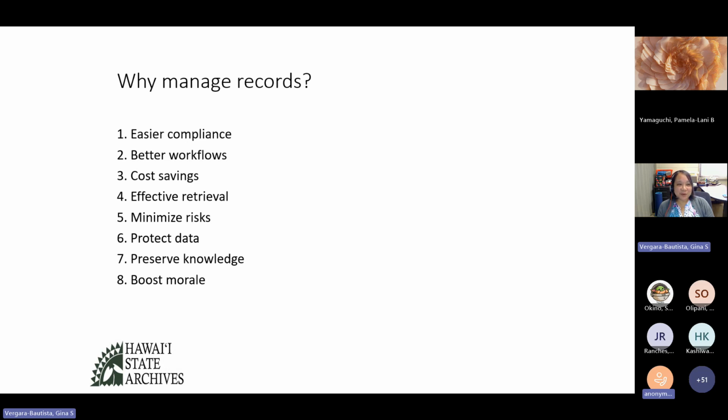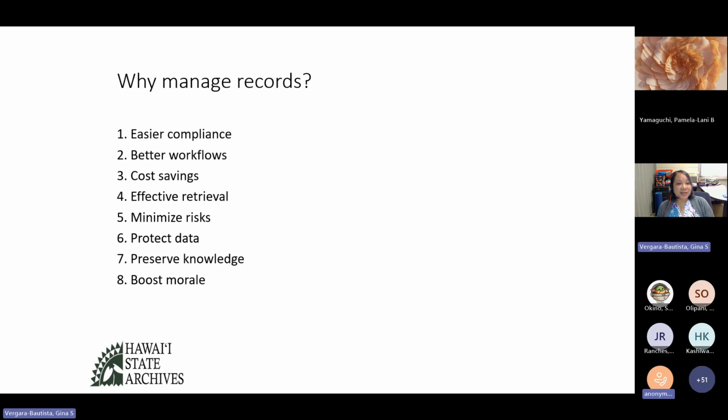Meaning once we know there's litigation, we have to put a hold on those records. But until we are notified that there's litigation, or if we're not anticipating any litigation, we can apply those retention schedules and go ahead and destroy those records. Once there's a legal hold, unfortunately, we need to hold on to those records because they will be asked for as part of the discovery for evidence.